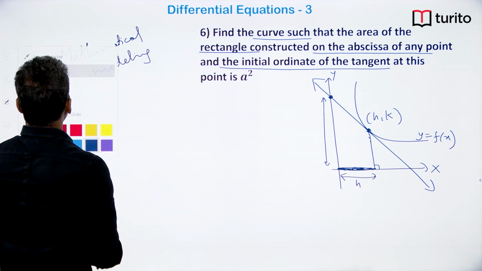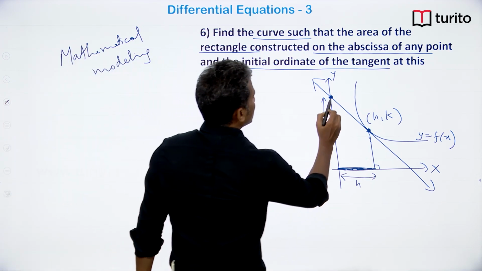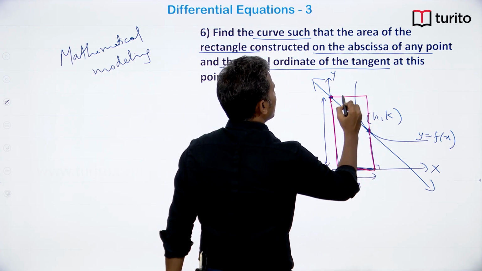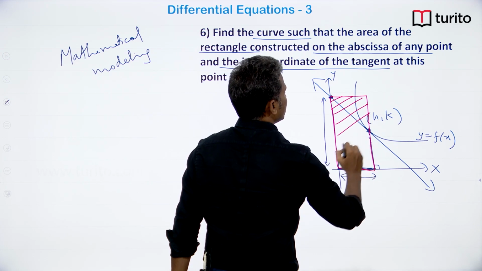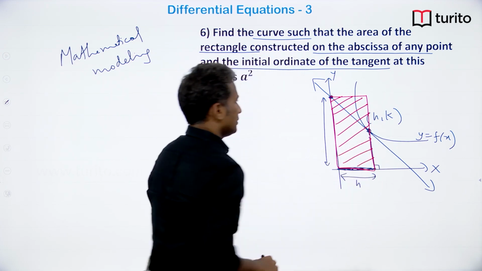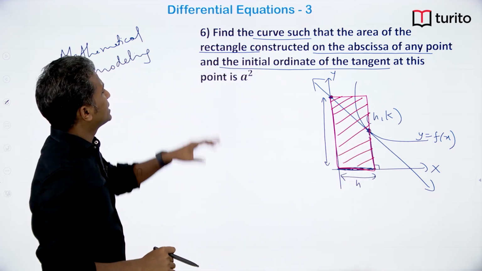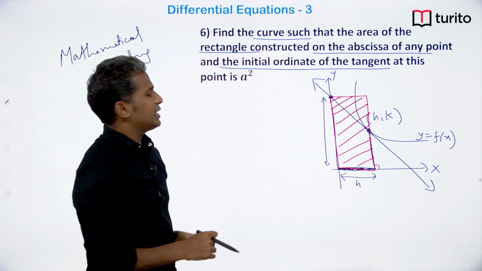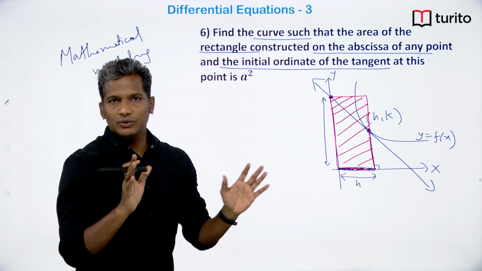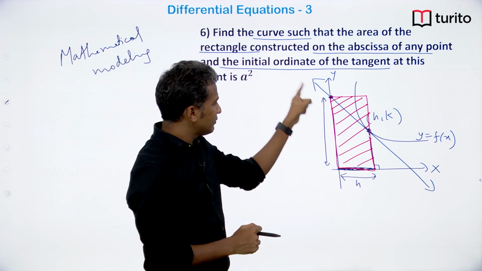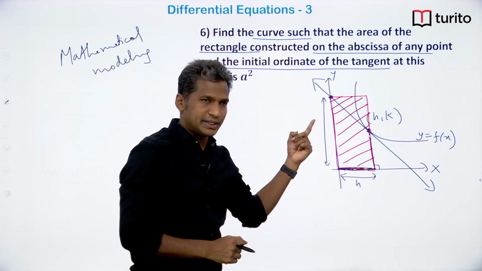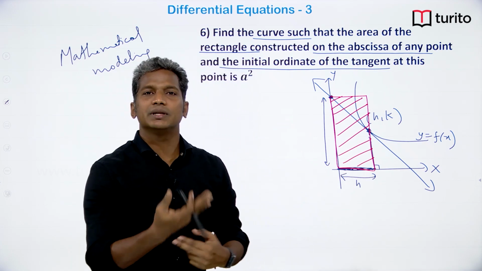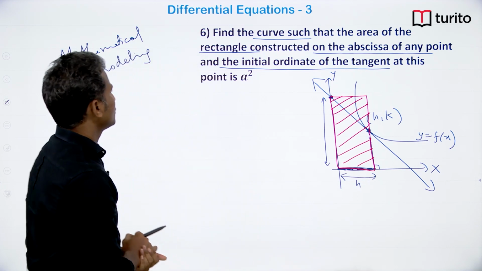The rectangle formed is this rectangle, which I am drawing in terms of the red shaded region, okay. Now here it is given that the area of this rectangle is equal to a square. So how do we do this problem? We have to start with the tangent, find the y-intercept. We already know the base, so base into height is going to give us the area, okay. So how do we do that?